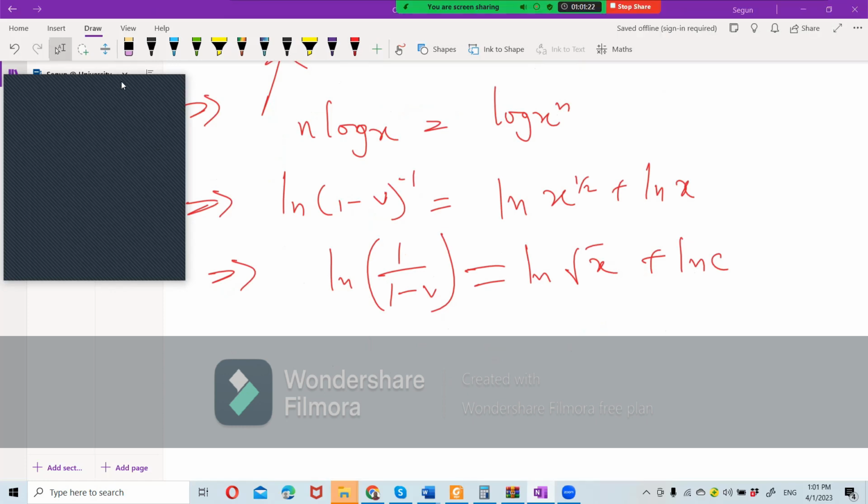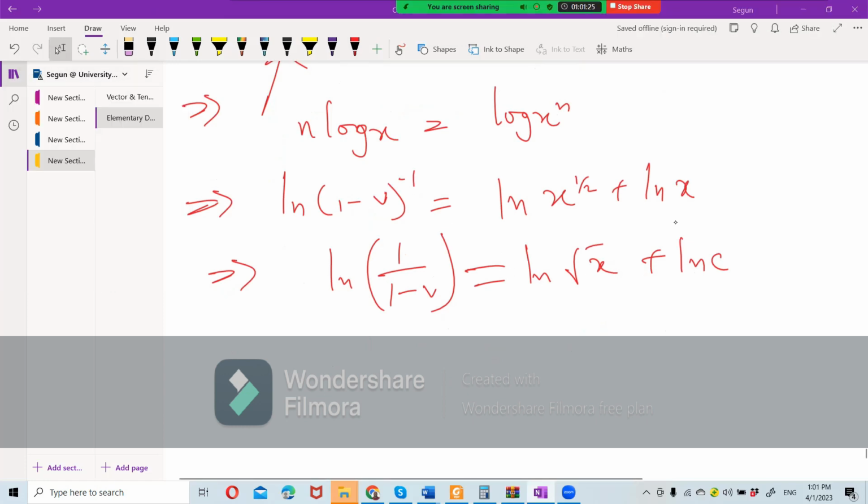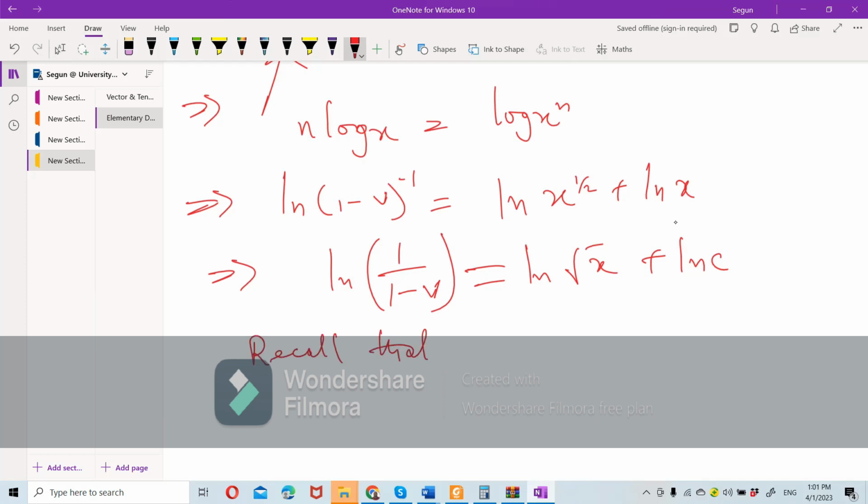Thank you. So we have this. In this case now, what do we need to do? Remember, we need to harmonize everything together. Recall that ln A plus ln B is the same thing as ln AB.